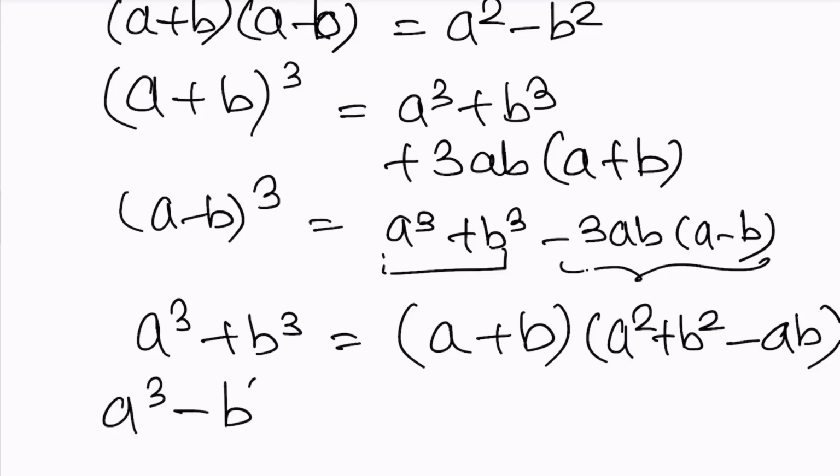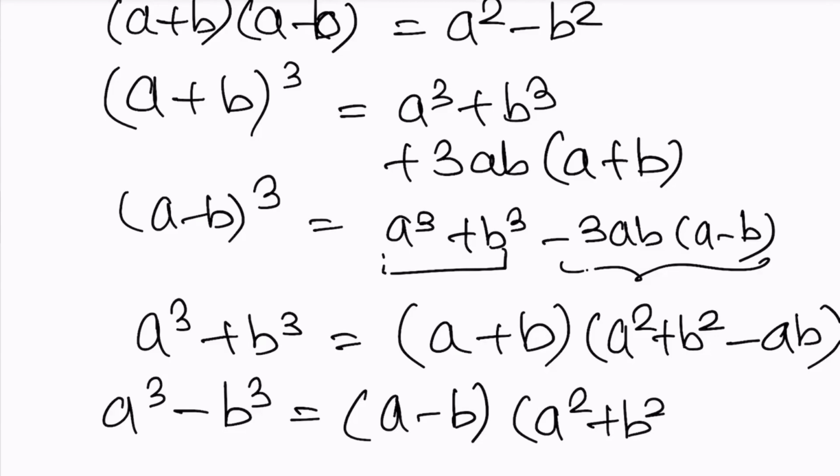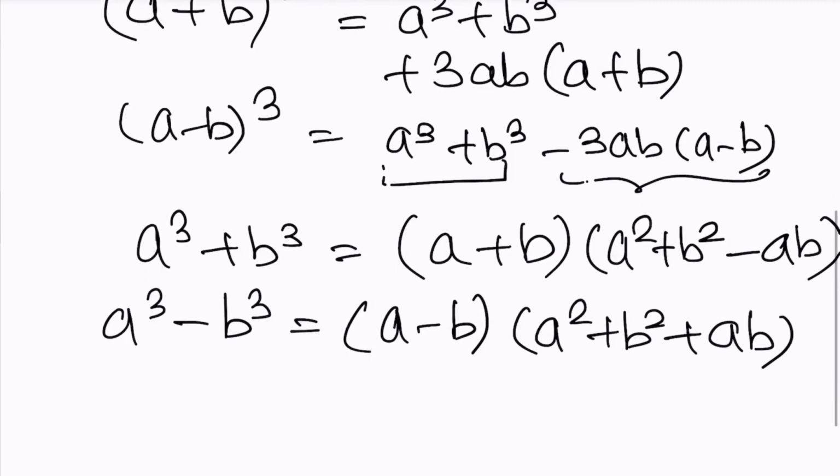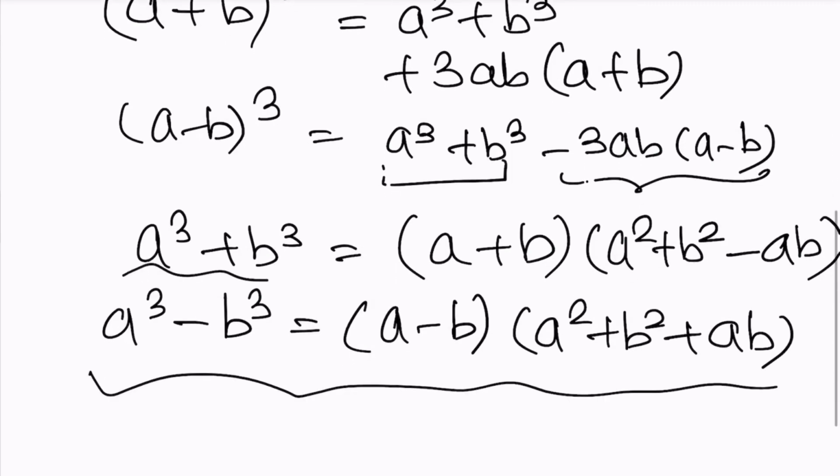Similarly, A cube minus B cube is A minus B, A square plus B square plus AB. Again, we just replaced B with minus B. So these are two very important formulae which will be used every now and then. Not a lot, but you will see it somewhere down the line.